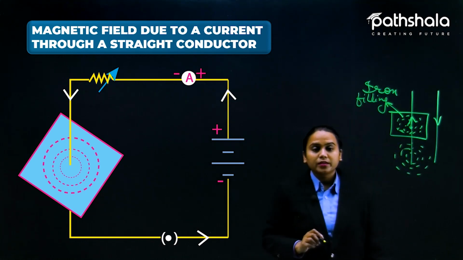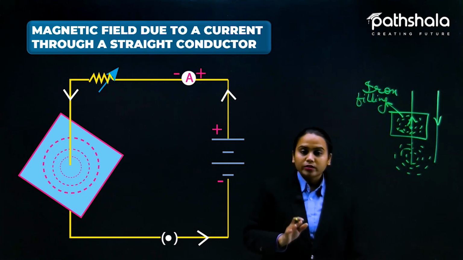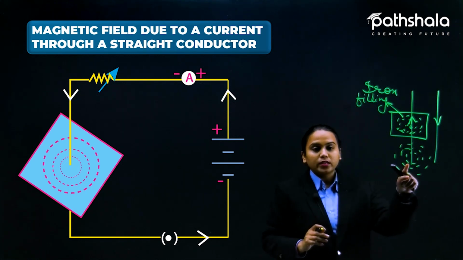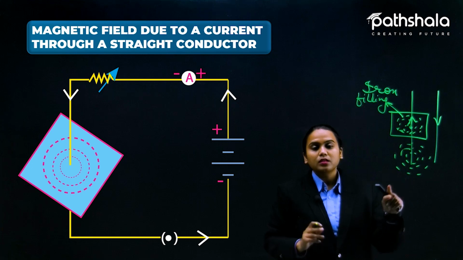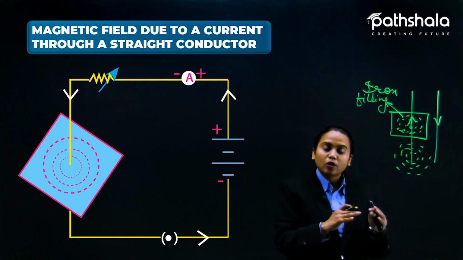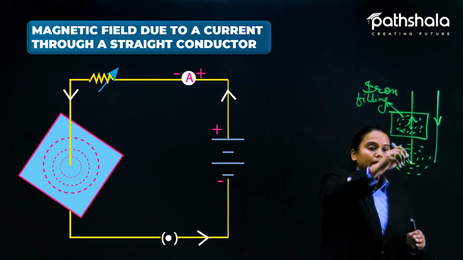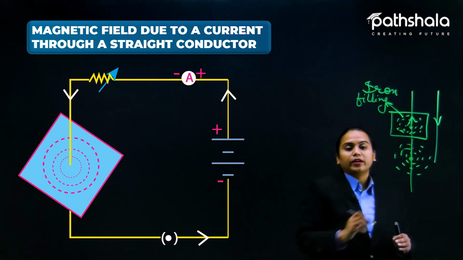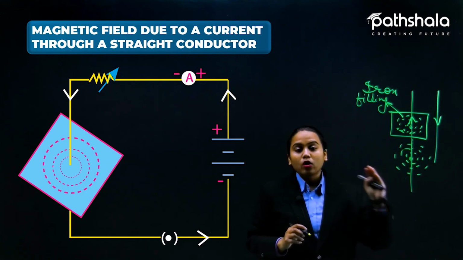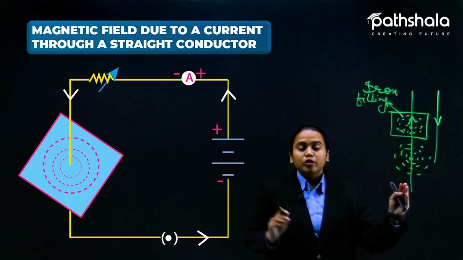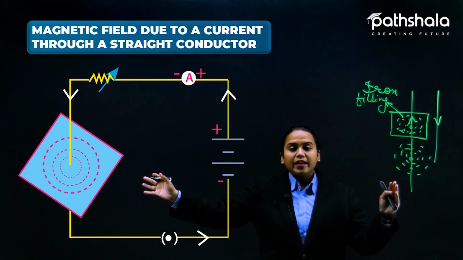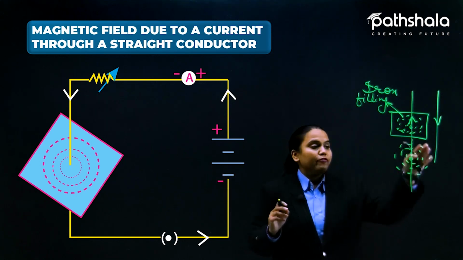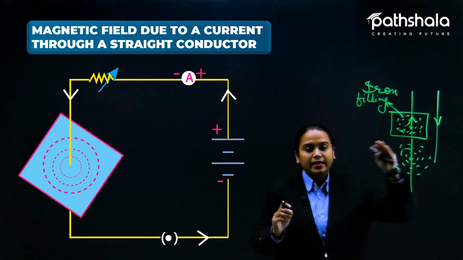What are concentric circles? Concentric circles are circles like this. This is one circle, this is the second circle, this is the third circle. All these are concentric circles because all of them have the same center point. That is why they are known as concentric circles. So all the iron filings that we have put there have made concentric circles like this.